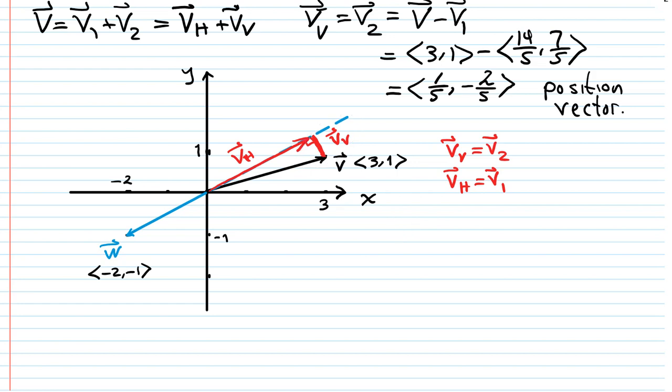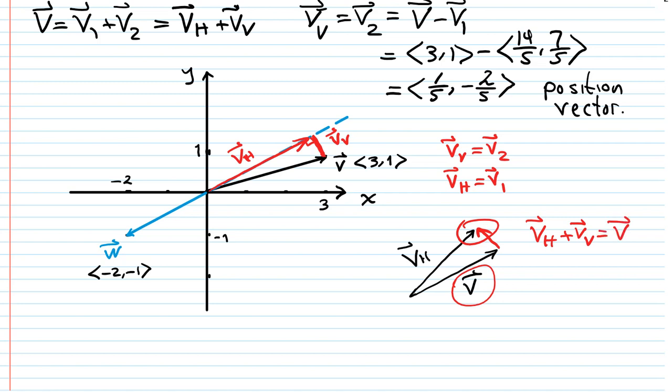If I have two vectors, this is vector V, and this is a vector in the horizontal direction, going this way. If I draw my vertical component like this, they cannot be tip to tail for me to add, because remember, the horizontal plus vertical component should equal the vector itself.